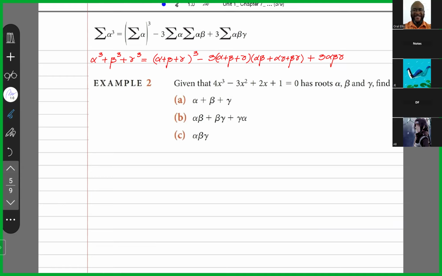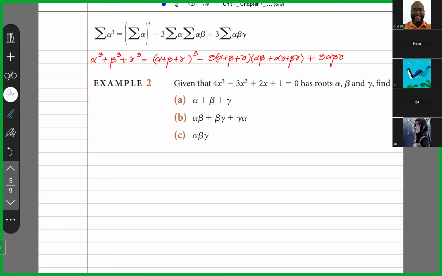In other words, alpha cubed plus beta cubed plus gamma cubed is equal to alpha plus beta plus gamma all cubed minus 3 times alpha plus beta plus gamma multiplied by alpha beta plus beta gamma plus alpha gamma, plus 3 alpha beta gamma.